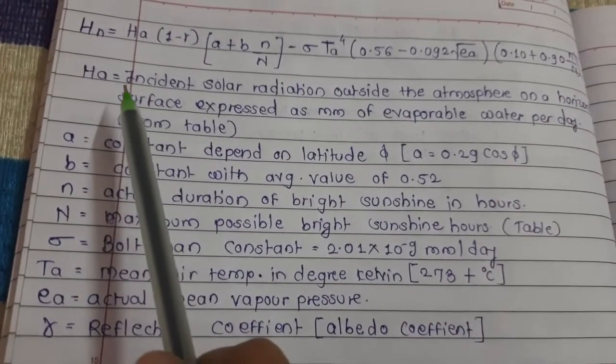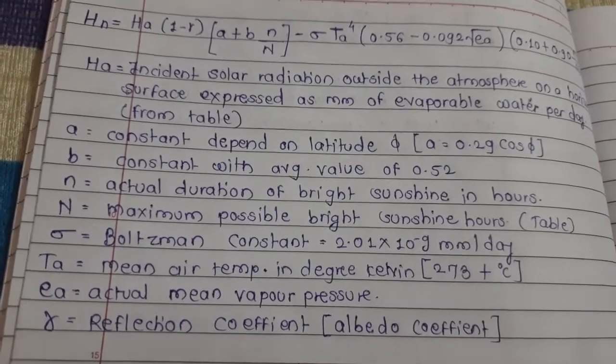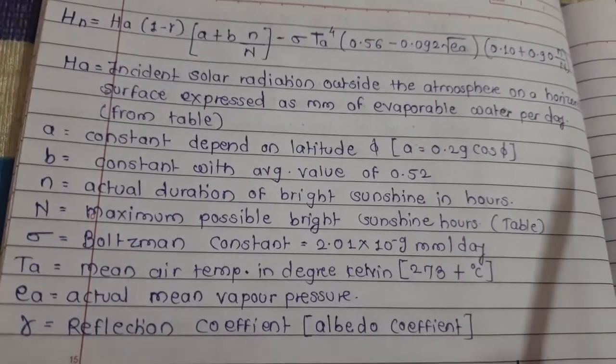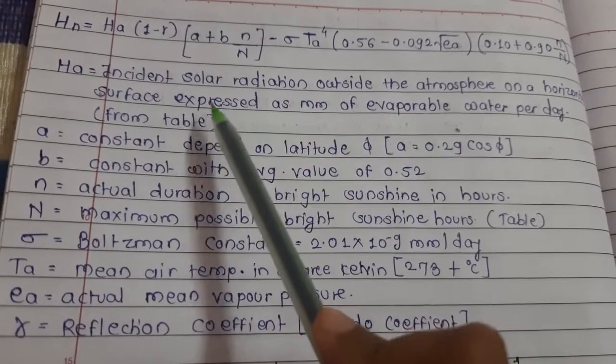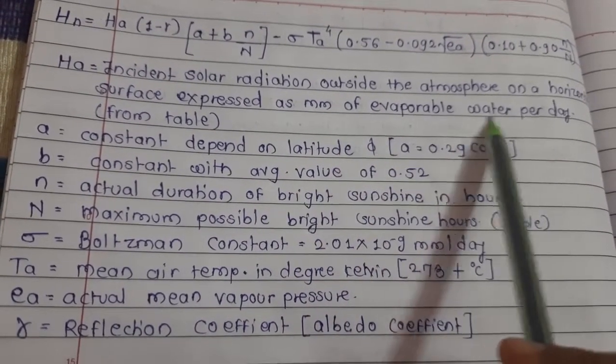Now HA is the incident solar radiation outside the atmosphere on a horizontal surface, expressed as mm of evaporable water per day.